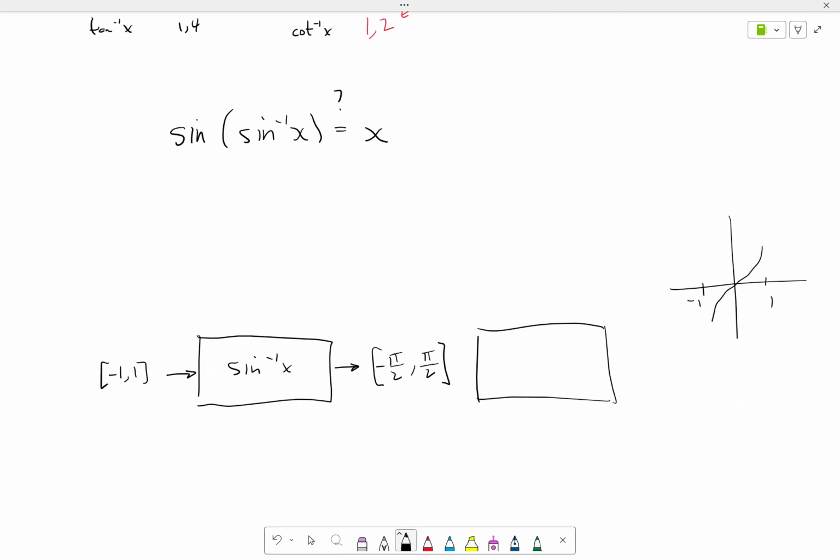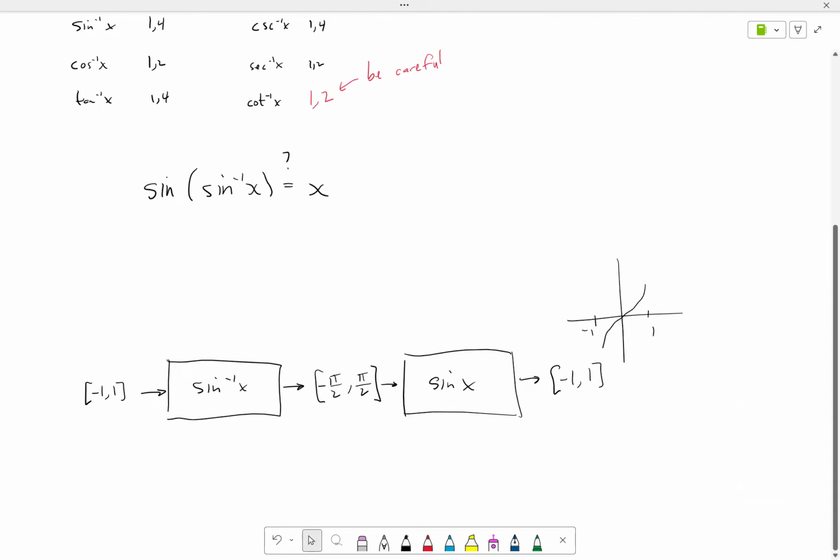So after that number comes out of here, it's going to be put into sine. So this is a sine function. And what comes out of a sine function? -1 to 1, doesn't it? Out of a sine function, numbers that come out are from -1 to 1.